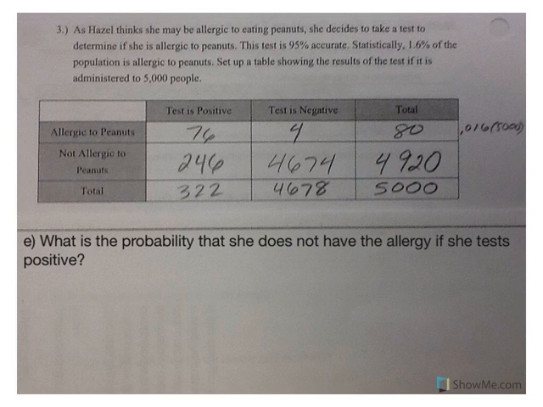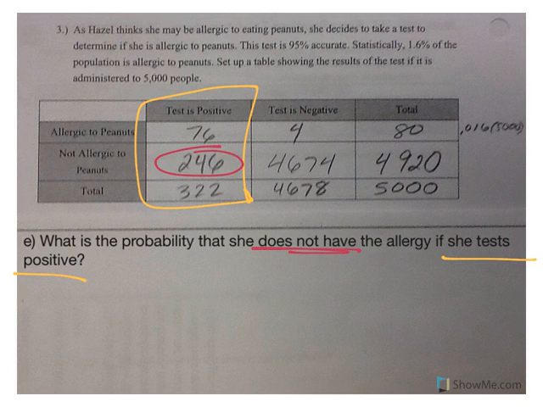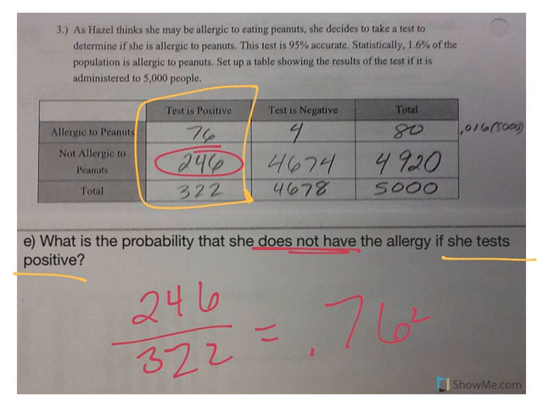And if she tests positive again here, what is the probability she does not have the allergy? So 246 over my 322, which is the complement of the previous problem, and 0.764. So there are some more examples working through false positives, false negatives.